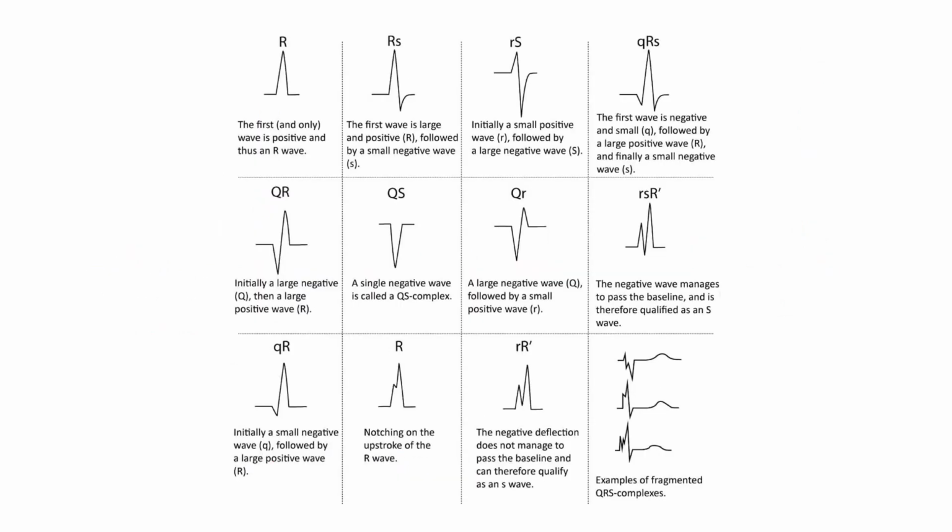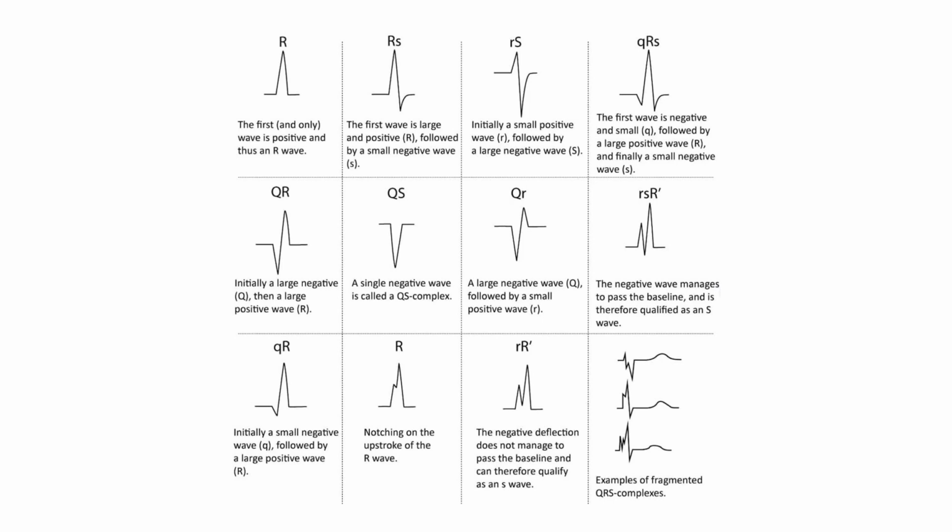Okay, another basic thing that I often think is quite hard, and people use this terminology as if it's really easy, is the concept of the terminology and the nomenclature of the QRS complex.